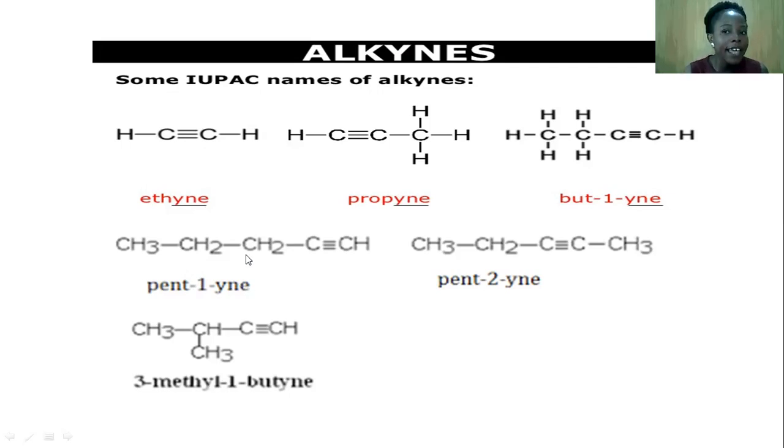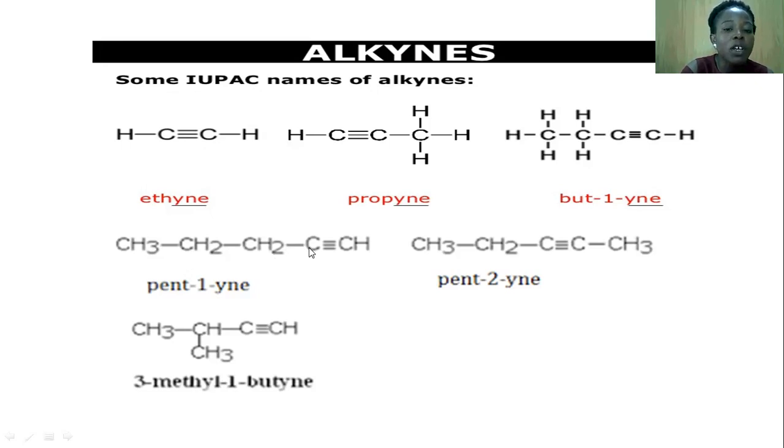Now, again, just to help you really know how to complete bonds. Looking at this, this carbon has this bond, right? To complete it, it is lacking 3, so you have 3 hydrogen to complete it. This carbon, you have 1, 2, and you have 2 hydrogen completing it. This carbon, you have 1, 2, and you have 2 hydrogen completing it.